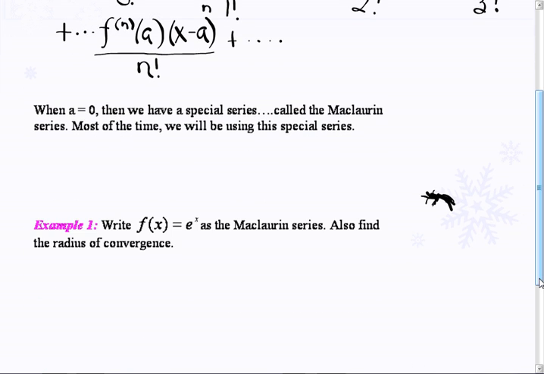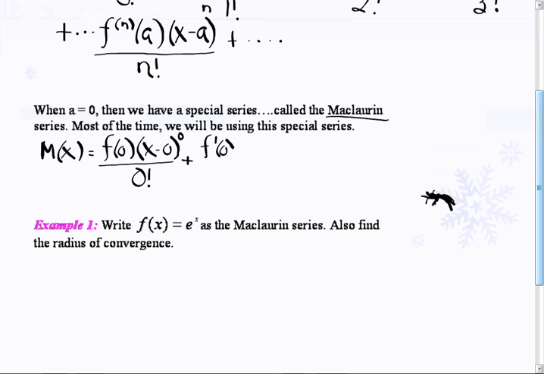Okay, if a is 0, it's called a Maclaurin series. You hope to get a Maclaurin series. So it's f of 0, x minus 0 to the 0 over 0 factorial. Okay, guys, plus f prime of 0. If you don't have this stuff down, you're not going to get the 5 on the BC. Not going to happen.